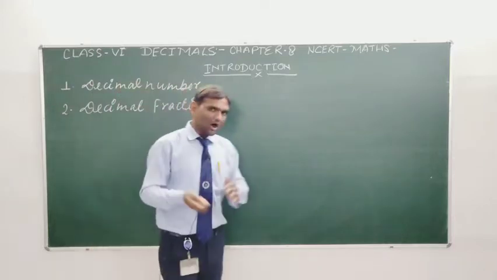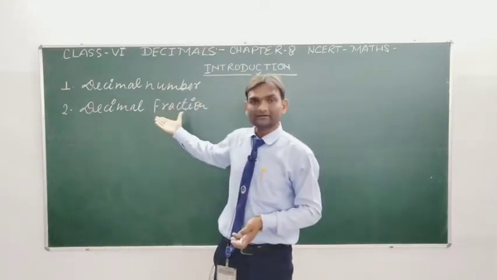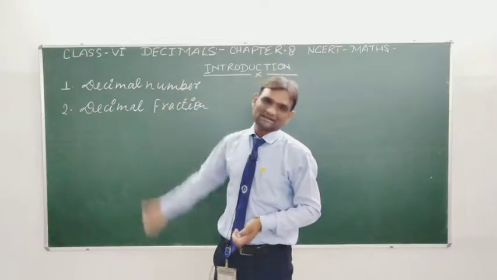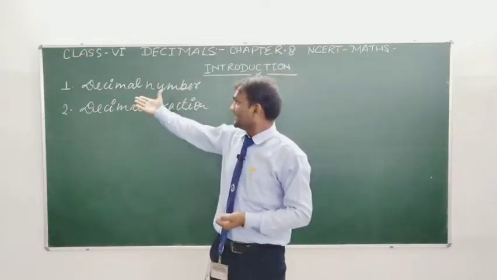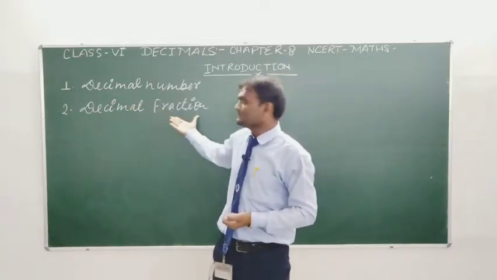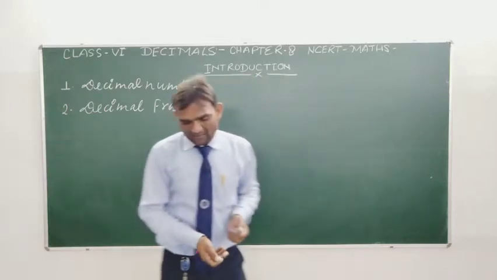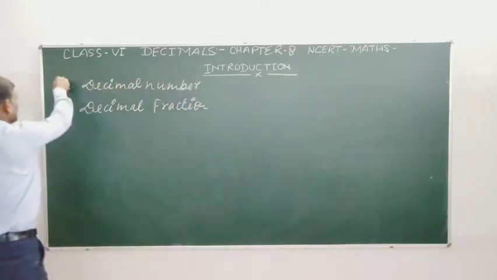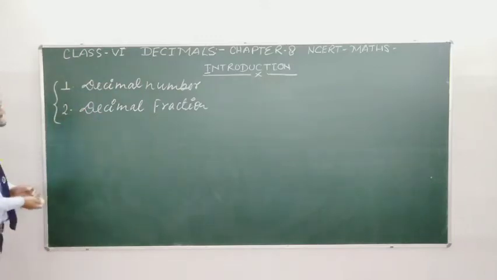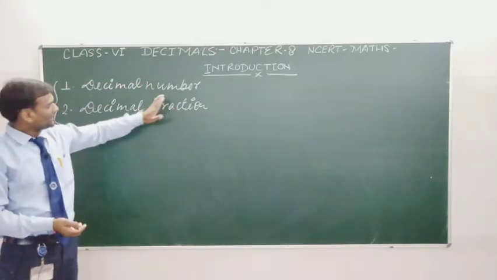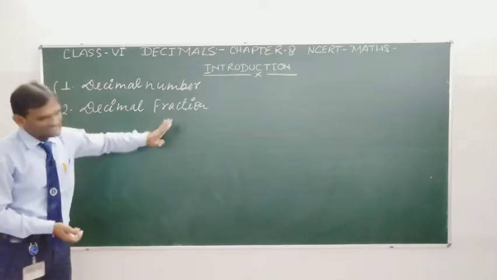I hope that you have learned, you have here two words, decimal numbers and decimal fractions. So student, we explain both terms here. Means, what is the decimal number and what is the decimal fraction?